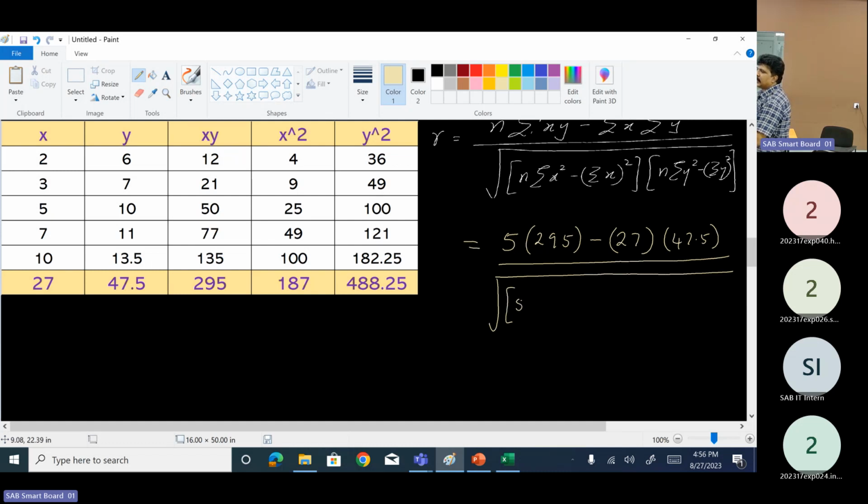So that is 5 sigma x squared 187, minus 27 squared, done for that. Next again 5 sigma y squared 488.25 minus 47.5 squared. So if you simplify, you get that.